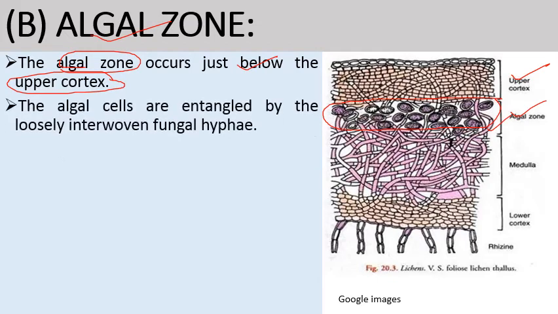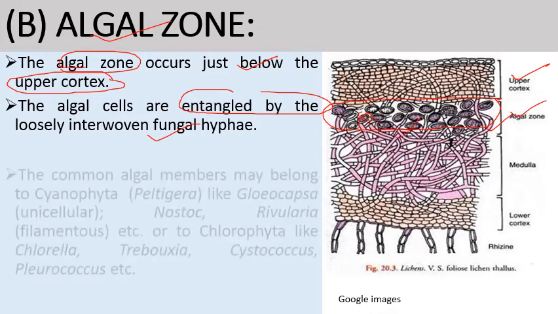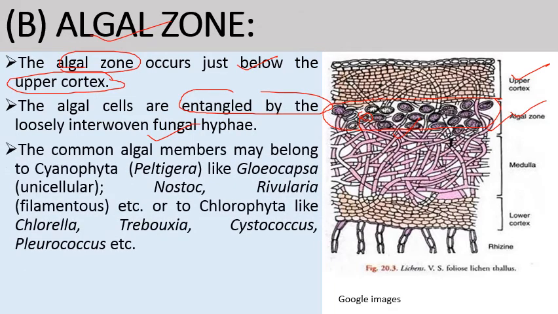The algal cells are entangled by the loosely interwoven fungal hyphae. And the most common algal members may belong to Cyanophyta, that is BGA, like in the case of the lichen Peltigera.